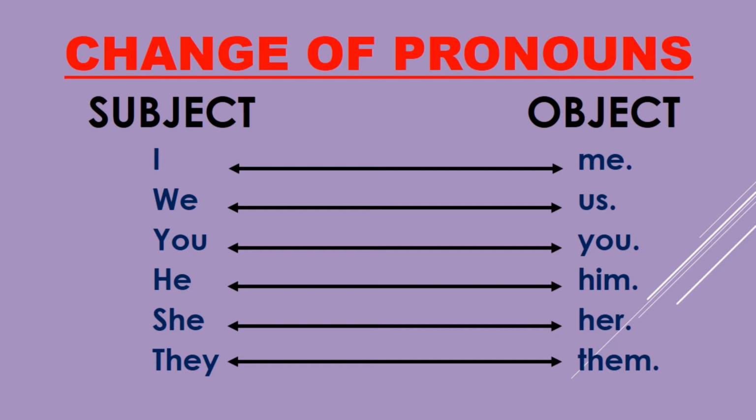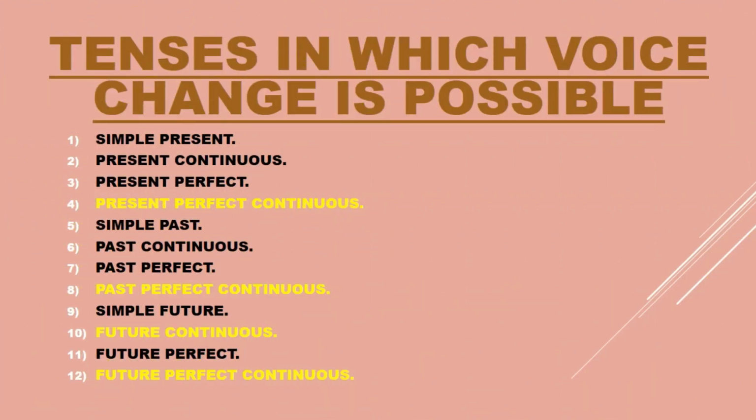Now here we have to keep in mind that sentences in all these 12 tenses can't be transformed into passive voice. Let us now see in which tense or tenses voice change is not possible. Now as you can see here, number 4, number 8, number 10 and number 12, that is the present perfect continuous tense, the past perfect continuous tense, the future continuous tense and the future perfect continuous tense.